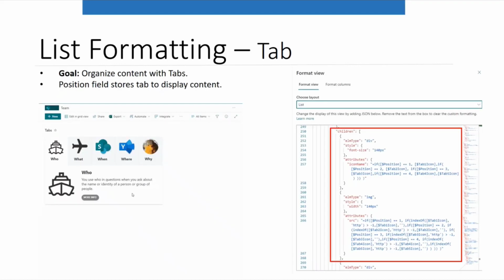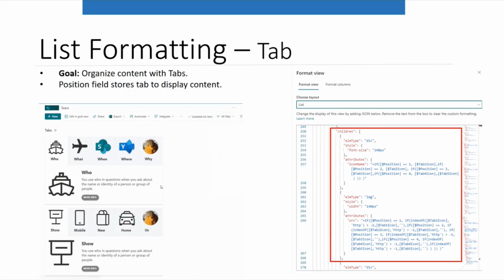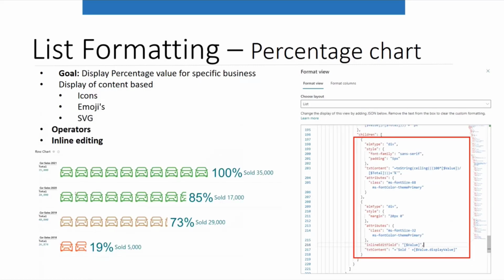And this can also be nice to present this information directly on the page. So like I said, the goal here is to organize these tabs, and on the right we have the functionalities that we can validate when we click on the tab, and where we save the position, and where the content is going to be displayed. And the second is the percentage chart, where we have different views, and here I use 3 different ones.